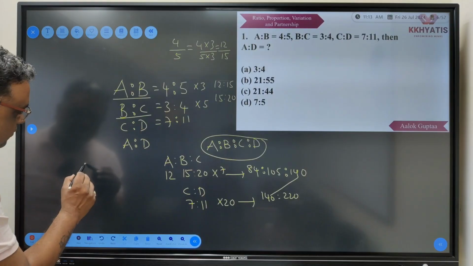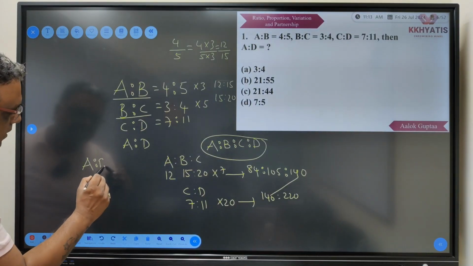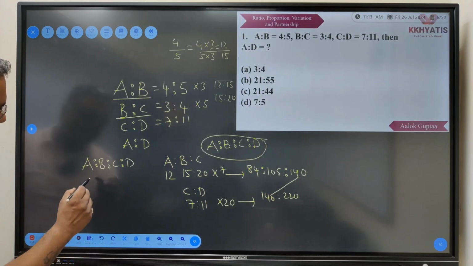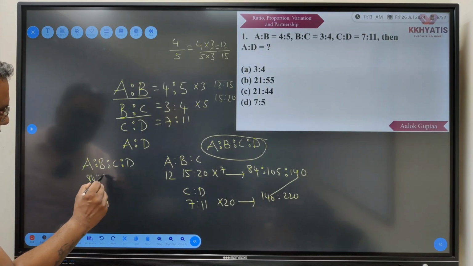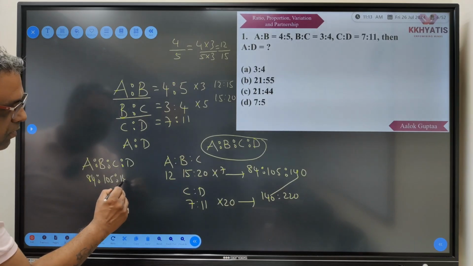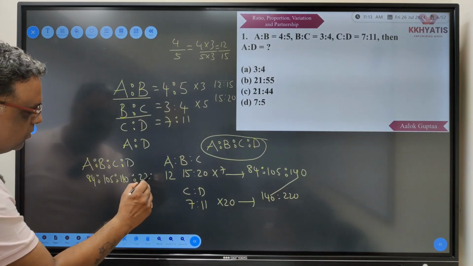So A is to B is to C is to D actually became 84 is to 105 is to 140 is to 220.